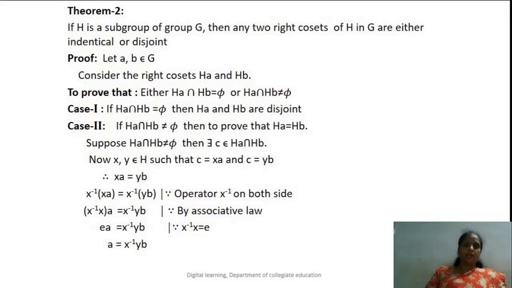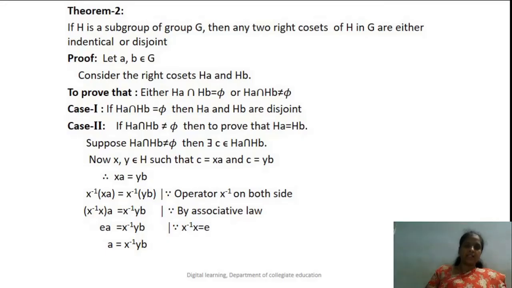Let us take one element C from this intersection. Then suppose X and Y belong to H. Everywhere we are taking a subgroup only, and from this subgroup we take the two elements X and Y, with C taken from HA intersection HB.